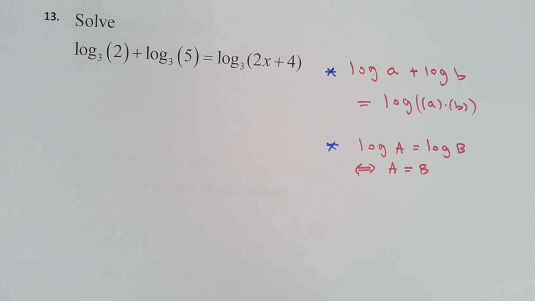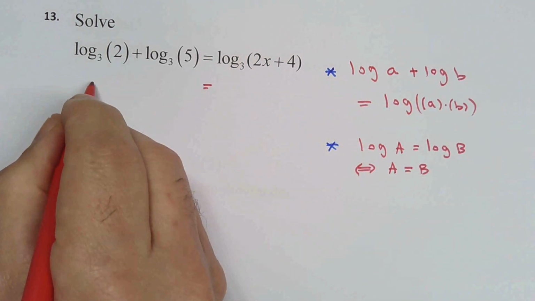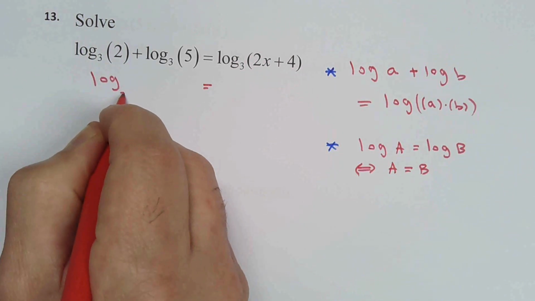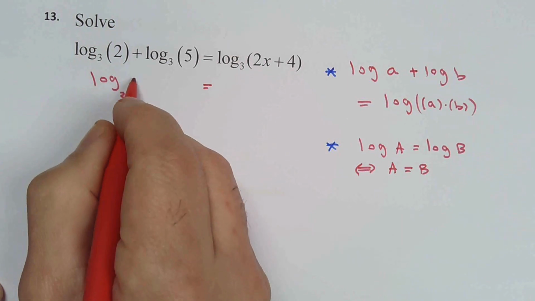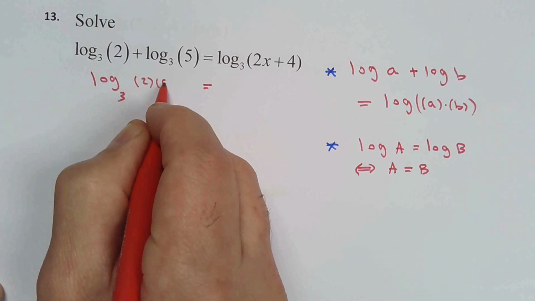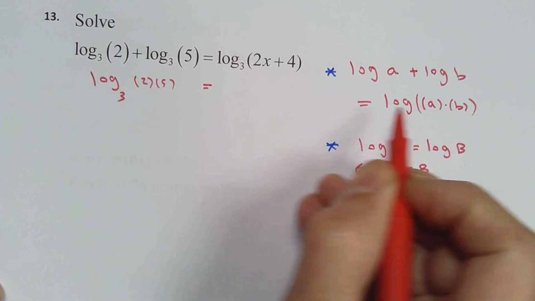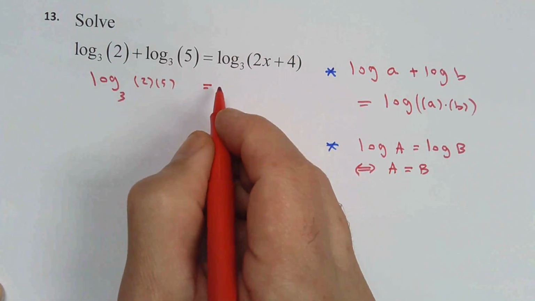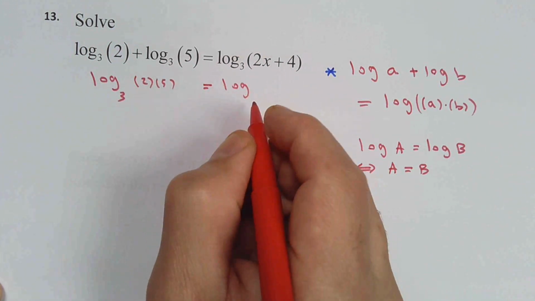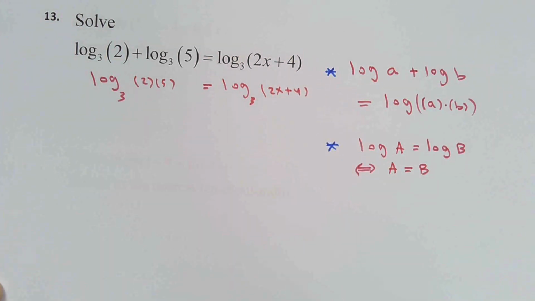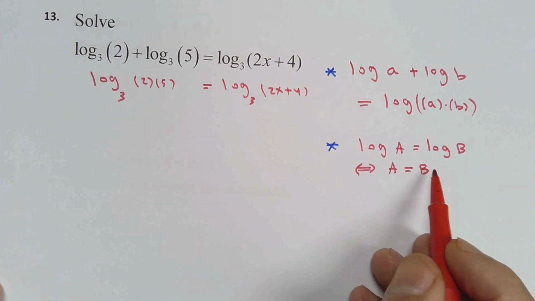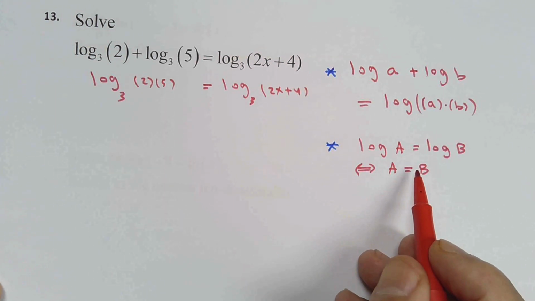So the left hand side becomes 1 log. Of course, this time it's base 3, it's not base 10. Same base. 2 times 5. So we multiply them. A times B, 2 times 5. Right hand side, let's just keep it for now. 2x plus 4. Now we're going to apply the second property.